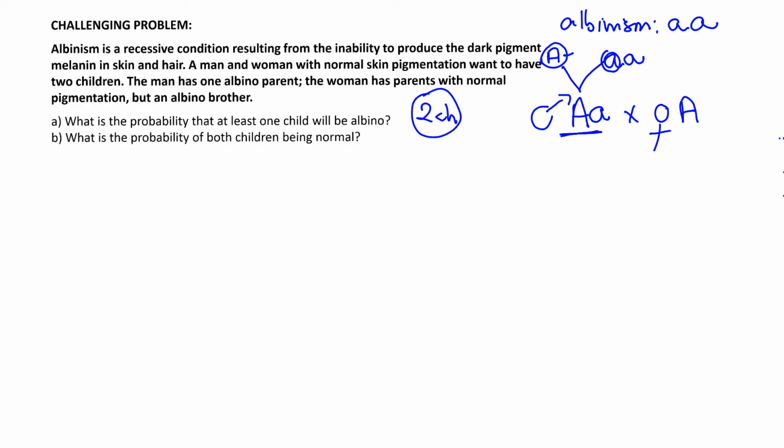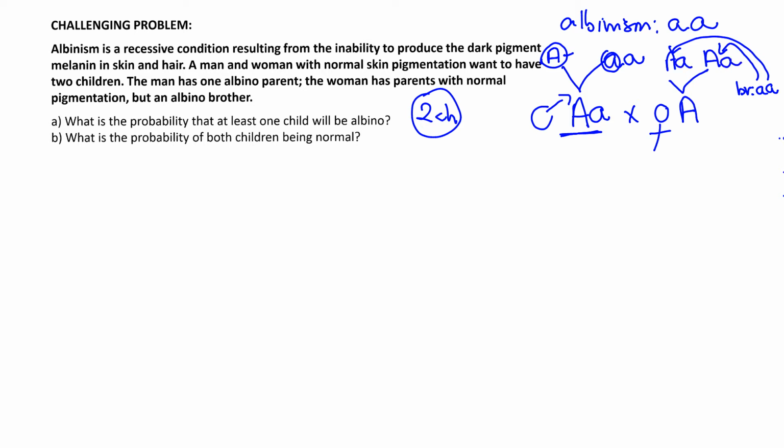What about the woman? Her parents both had normal skin pigmentation. However, she has a brother who is albino. What does it mean? This brother had to get one recessive allele from each parent. What it means is that both of her parents were heterozygous.